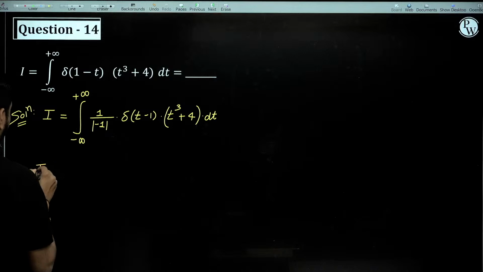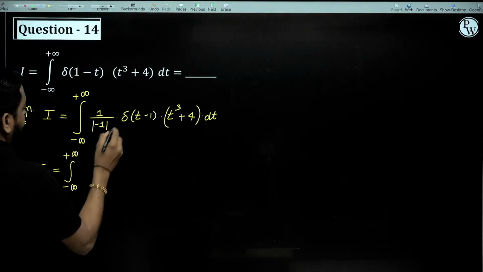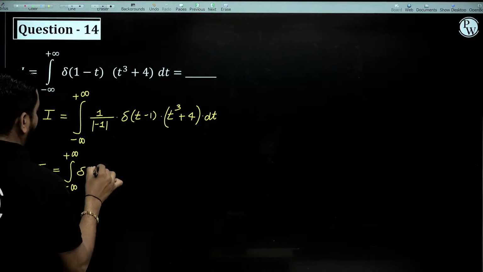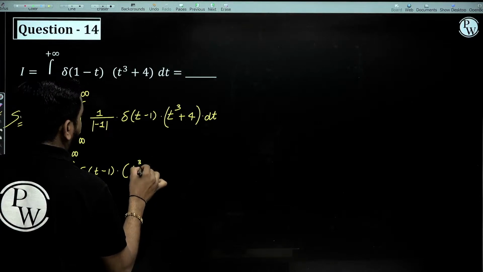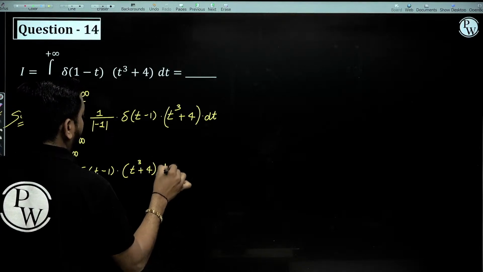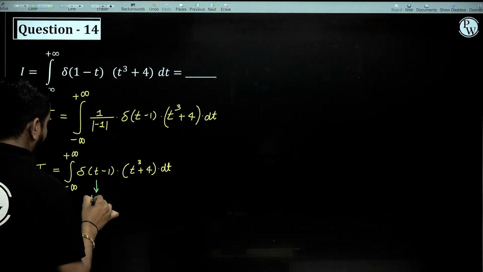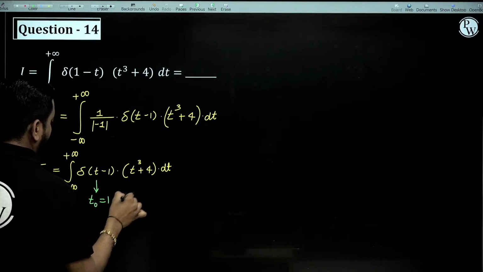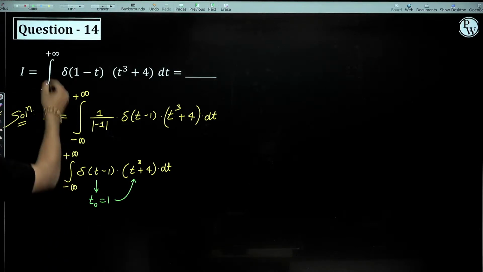So I is equal to integration from minus infinite to plus infinite. This is 1, guys. Del t minus 1 into t cube plus 4 dt. So here what is the value of t naught, guys? T naught is equal to 1. Put it here, guys. The answer is 5.